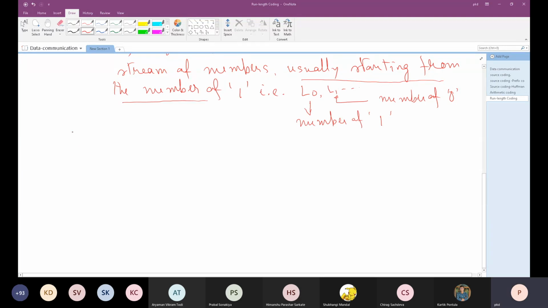So let us take one example. Sir, that 2D binary map, is it like a matrix comprising only 0 and 1? Yes, that is what I am giving, an example of a 2D map.